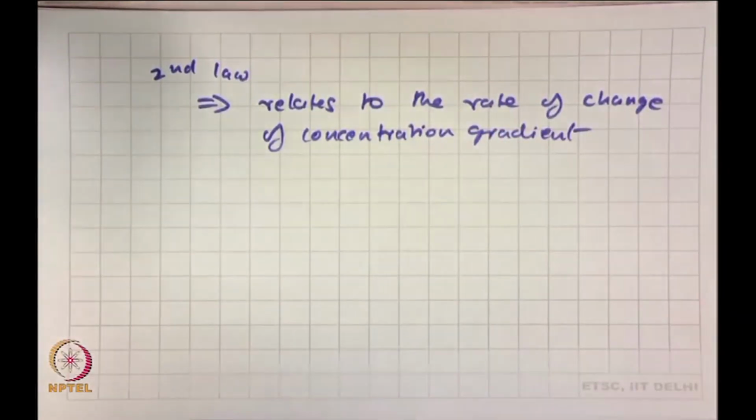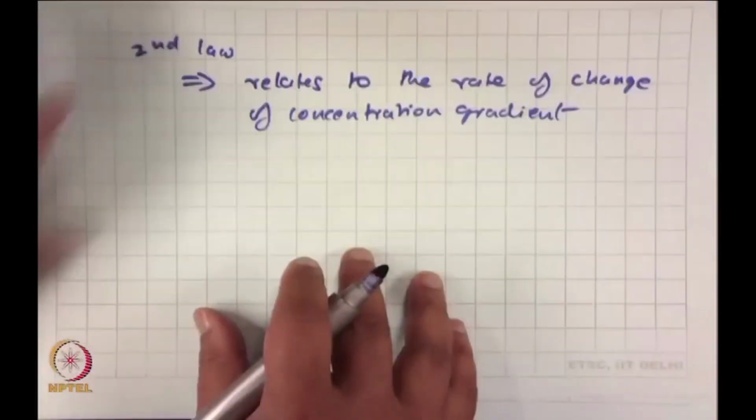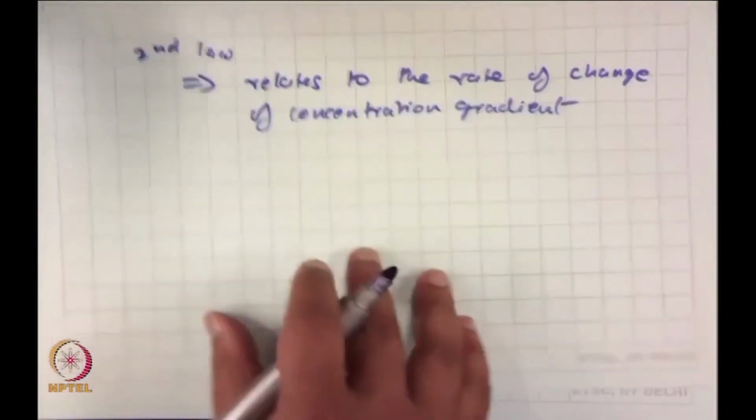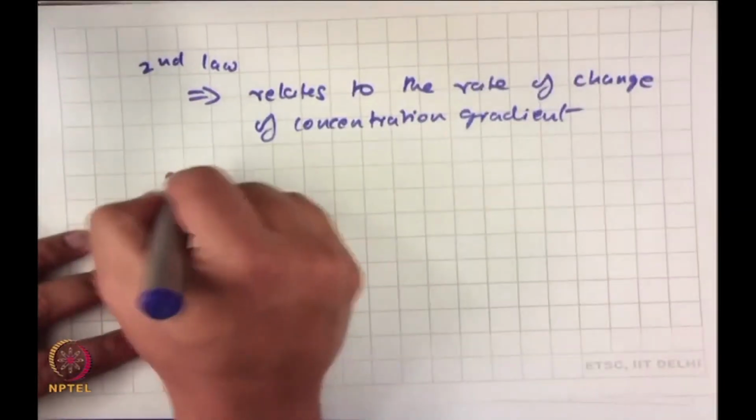Unlike your first law, where it was only related to the concentration gradient, not the rate of change, because there the concentration gradient on the left and on the right were the same, right.